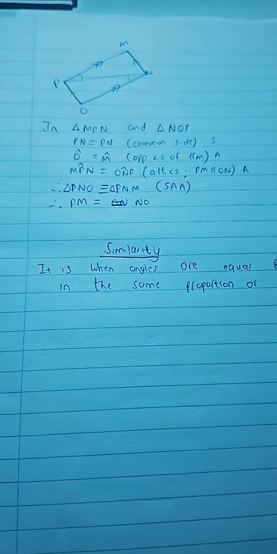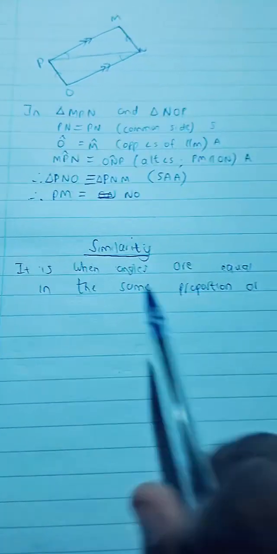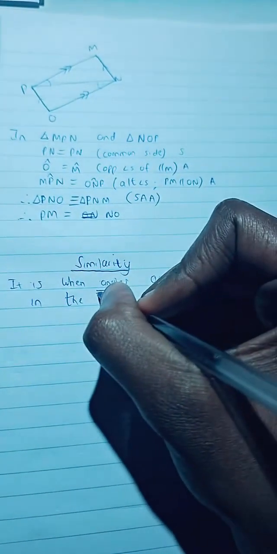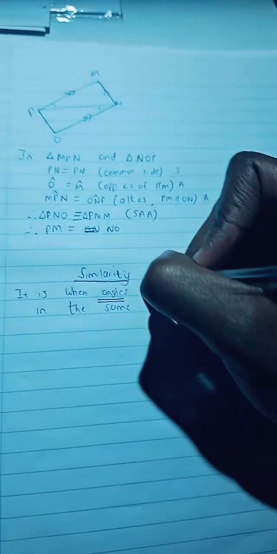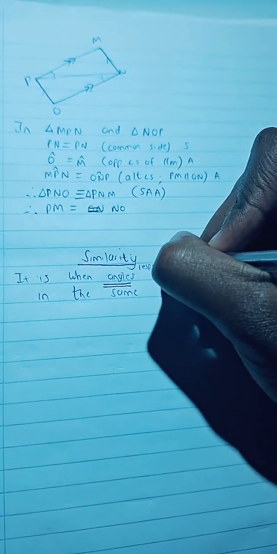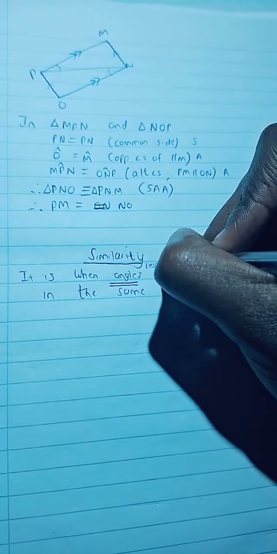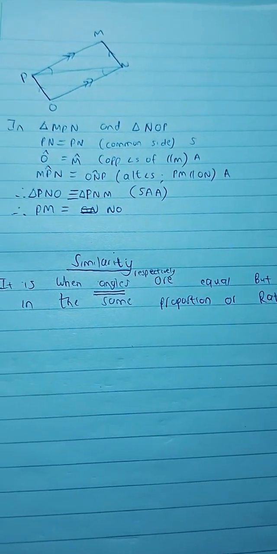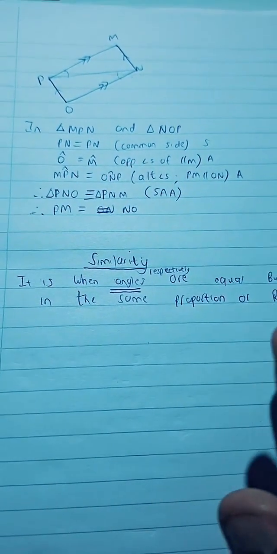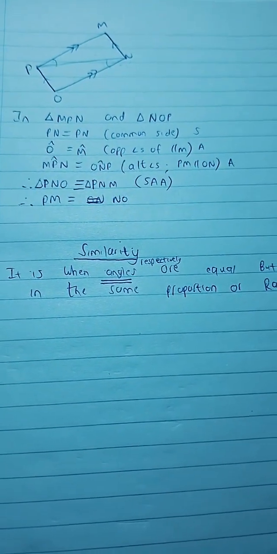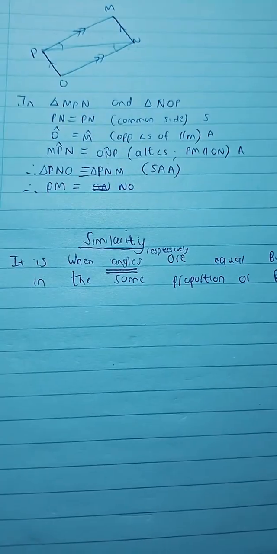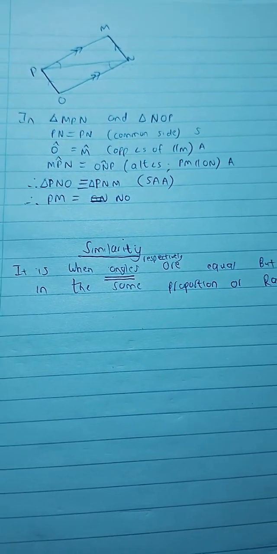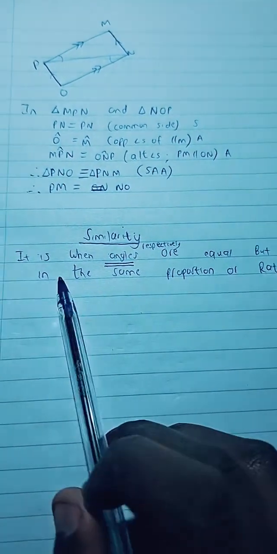And I'm going to unpack this. So similarity is when angles respectively are equal. If you have two shapes, let's say two triangles specifically, because we allude to similarity as it relates to triangles for the most part within our context.